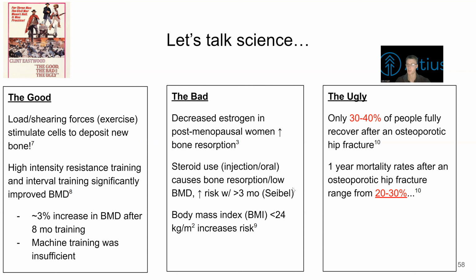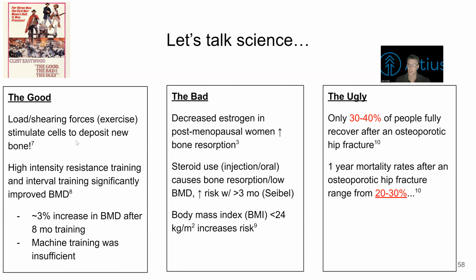Especially it becomes a problem if you're using an oral steroid longer than 3 months. A lower BMI or body mass index, so think of a smaller individual, pretty lean, anything less than a 24 has been shown to be associated with an increased risk of osteoporosis as well.